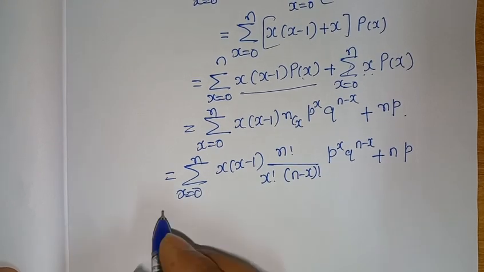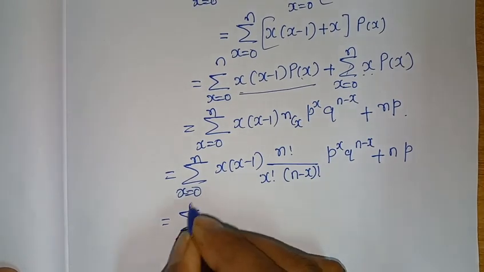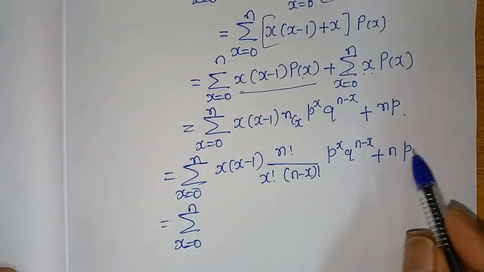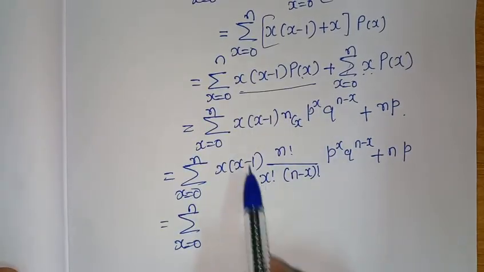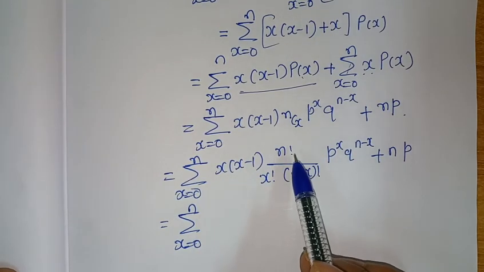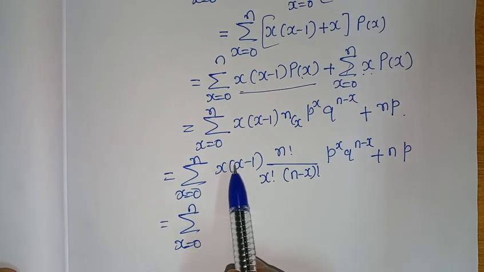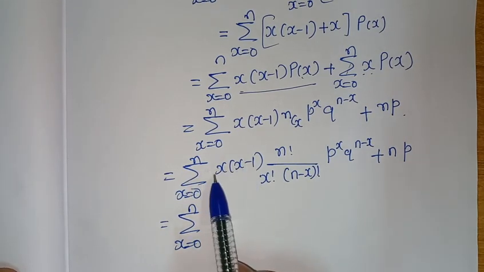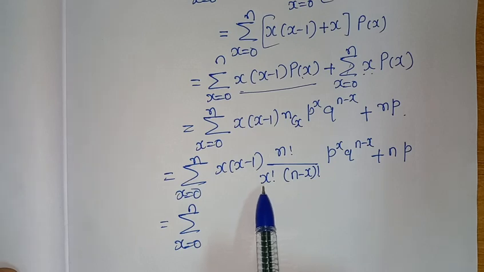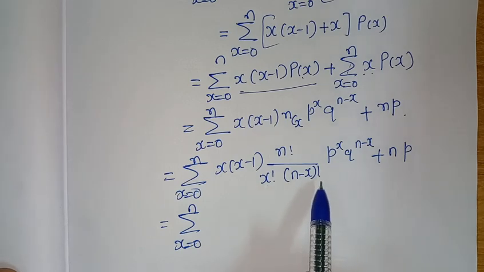Now summation x equal to 0 to n. This is already simplified. We have to simplify this particular part, and we have to take care how to simplify it properly. So this x into x minus 1 we have to eliminate. To eliminate x into x minus 1, x factorial can be written as x into x minus 1 into x minus 2 factorial.